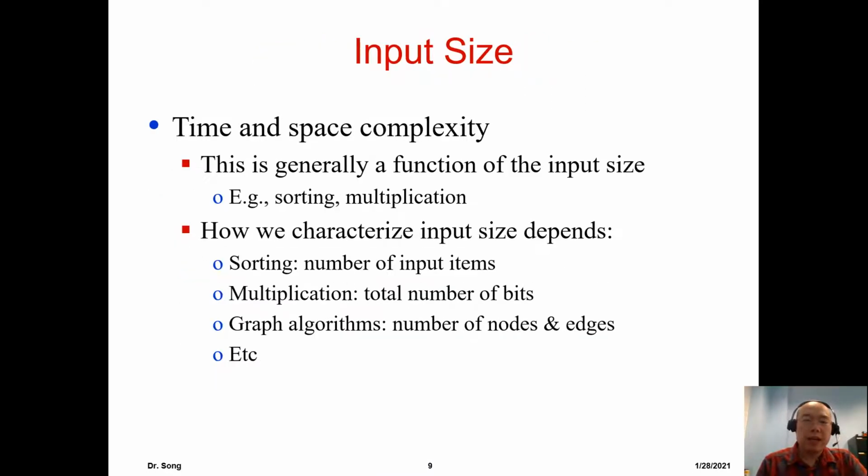Okay, and when we are talking about the time complexity, the time complexity is related to the input size. If we follow our discussion about sorting, the input size is how many values we are trying to sort. Are we trying to sort 100 values or 1 million values? That is the input size.